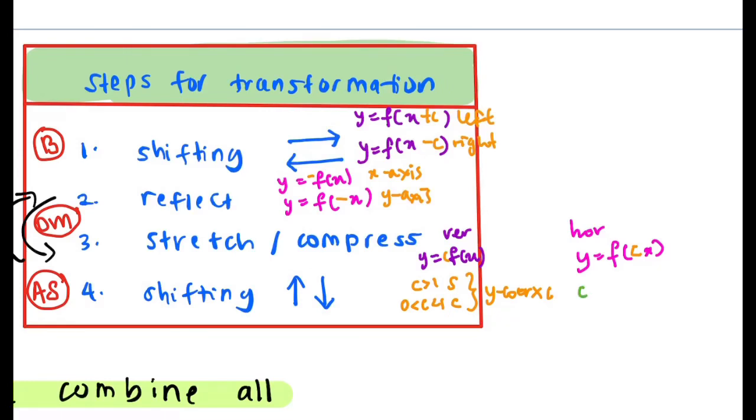Let's see the value of c when c is more than 1 and when c is between 0 and 1. This is the opposite of the vertical case. When c is more than 1, this is compress, and when c is between 0 and 1, this is stretch. What you want to do is multiply the x coordinate by 1 over c.